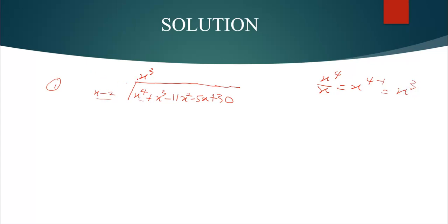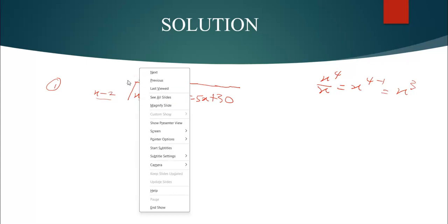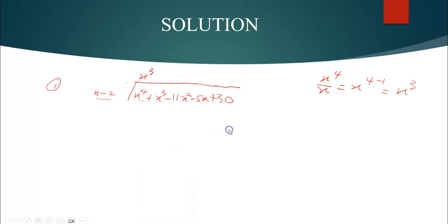Then you multiply this result here by the linear function over here. So x exponent 3 times x will give us x exponent 4. X exponent 3 times minus 2 gives minus 2x exponent 3.